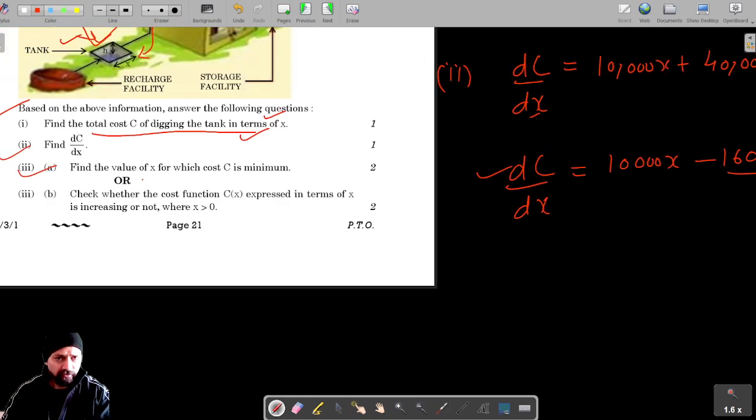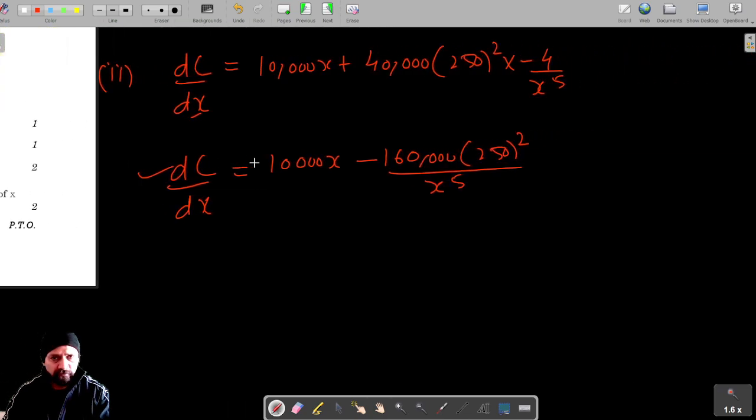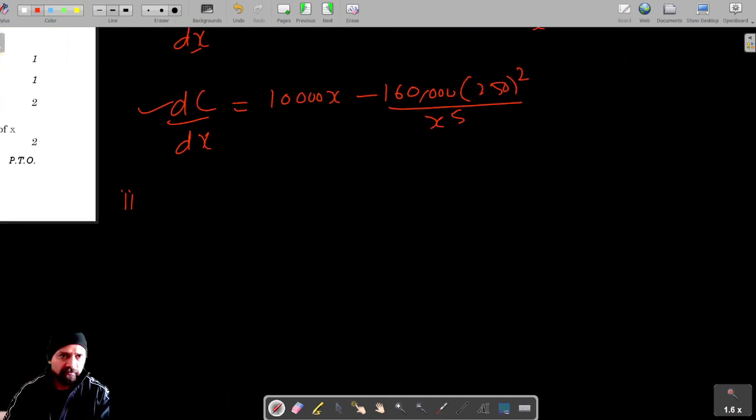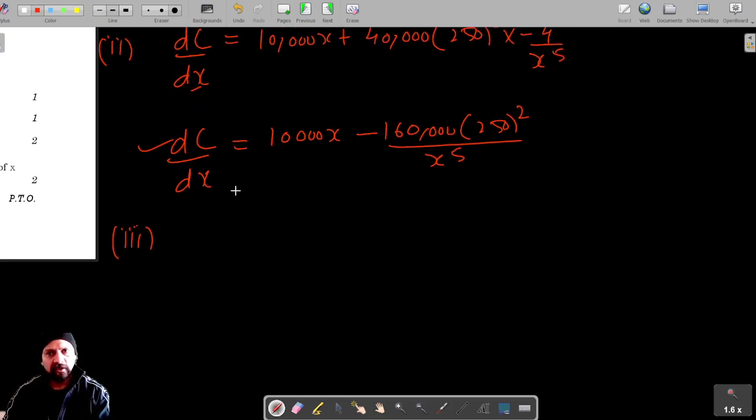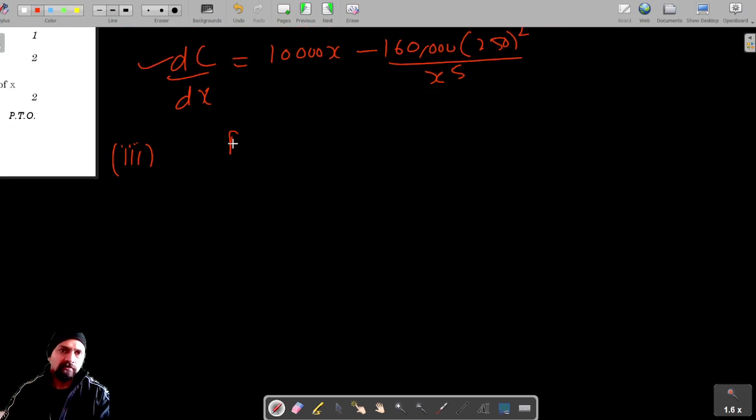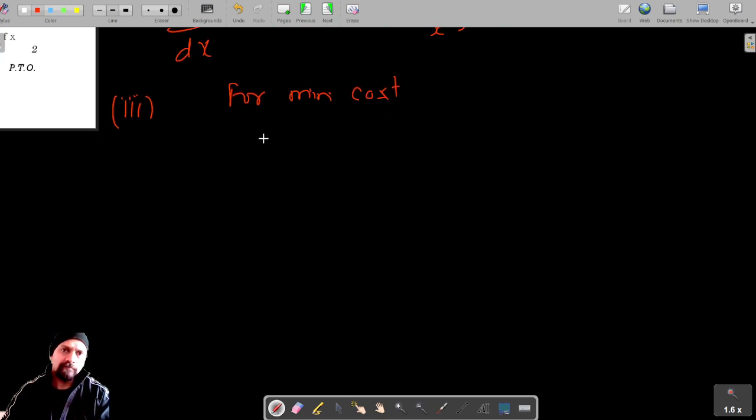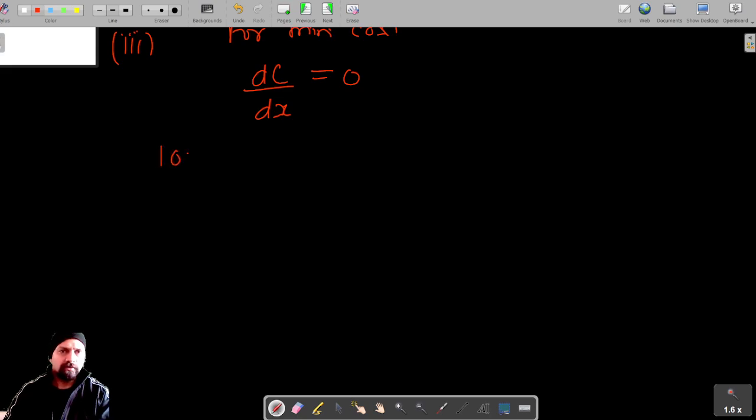Now we have to find the value of x for which the cost is minimum. So finding the value of x, and at that value the cost should be minimum, we have to find the second order derivative as well. So first of all, let's find the value of x for minimum cost. dc by dx should be equal to 0, and let's put this equal to 0.